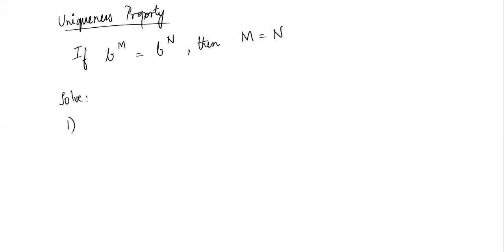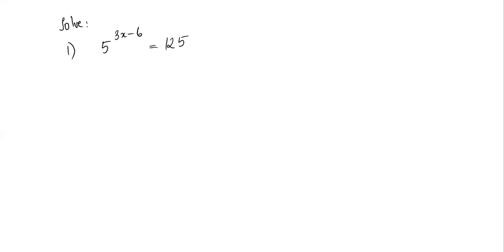Solve 5 power 3x minus 6 equals 125. If you're solving this problem, you want to use the uniqueness property. You can switch it to logarithmic form, but you want to make sure that it's not made more complicated. You want it to be as simple as possible to solve.